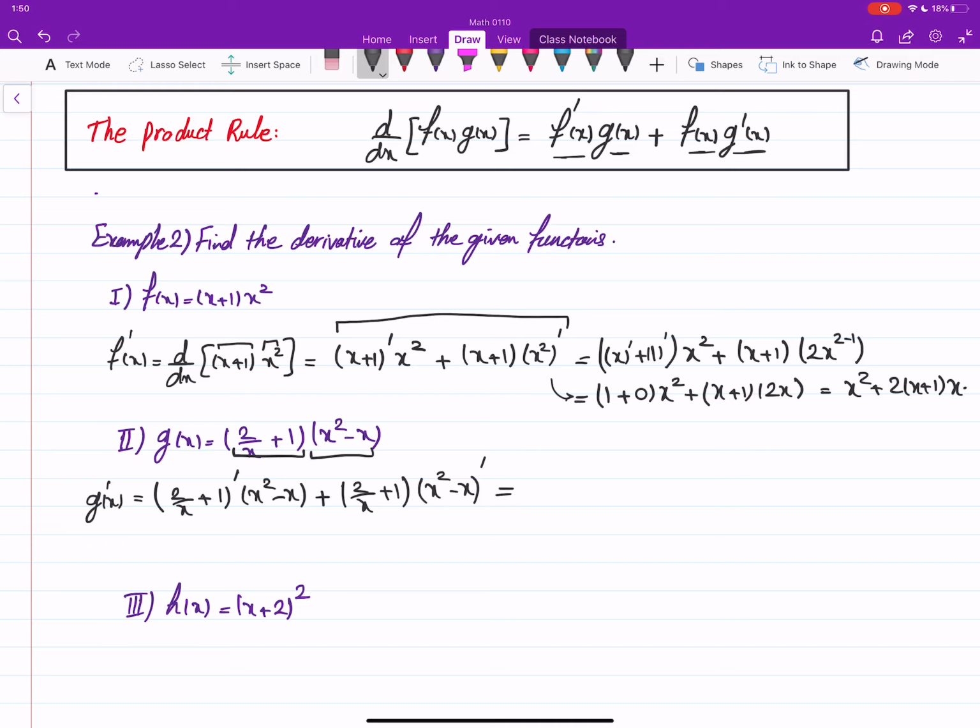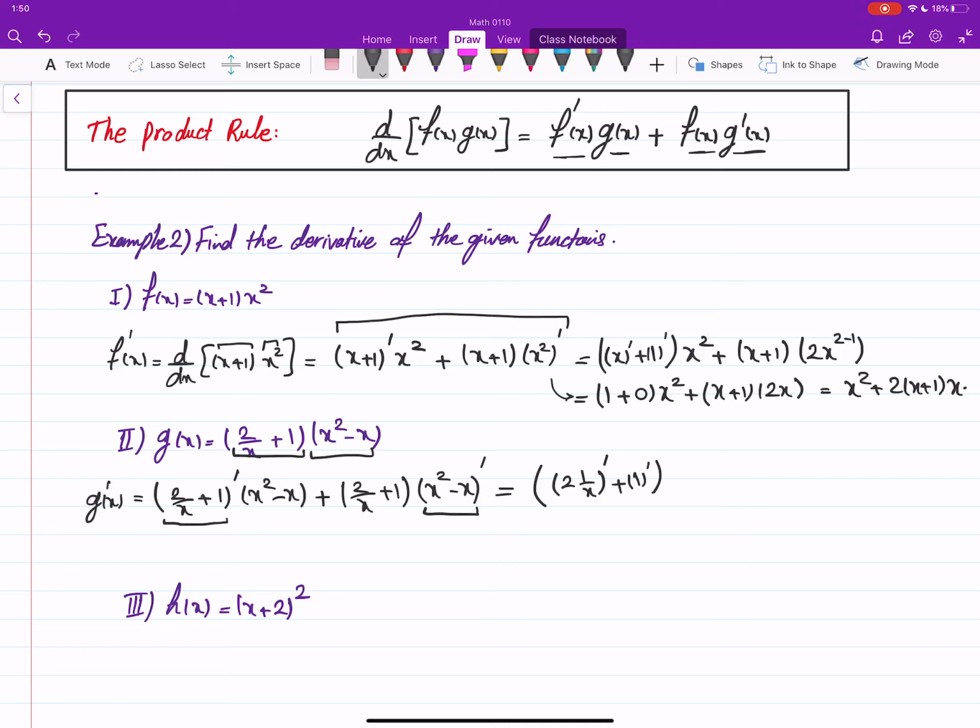Then we have to find, you see this term, we have not found the derivative of this and that. So we have to go in and find the derivative of this guy. So this is 2 times 1 over x. We have to find the derivative of that using the sum rule. That is the derivative of 2 over x plus 1.